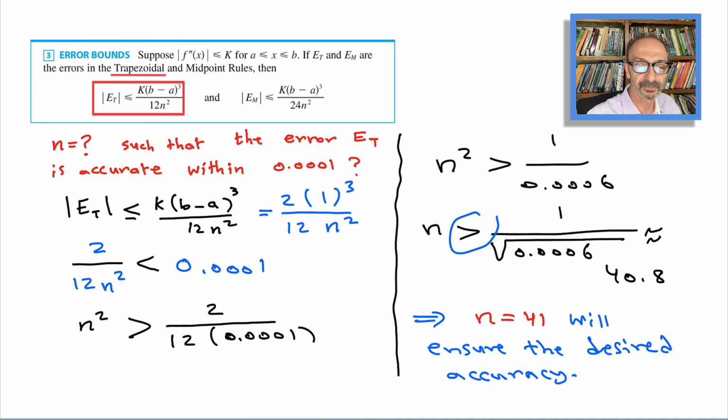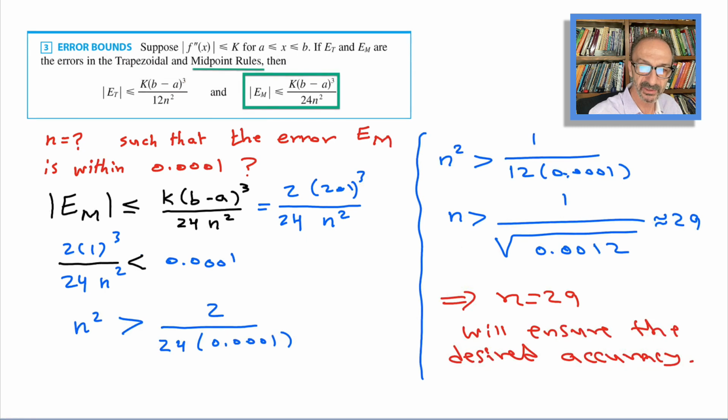Just a quick comment. Earlier we looked for n such that the error in the trapezoidal approximation is within 0.0001, and it came up to be 41. For the midpoint with the same accuracy, n came up to be 29. So the midpoint is more accurate.